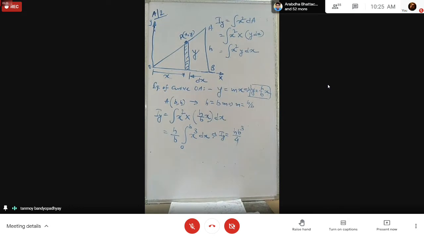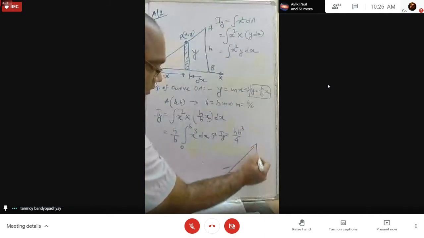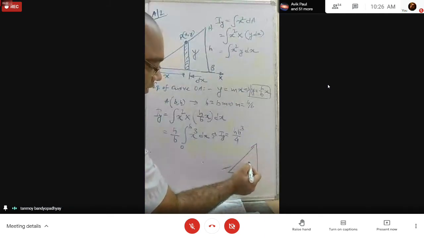Okay, so you can cross verify it. For a triangle, you have already calculated the moment of inertia about its centroidal axis. So you can re-verify it by calculating it about the y-axis. Suppose this is the triangle, and let us suppose that this is the CG of the triangle.